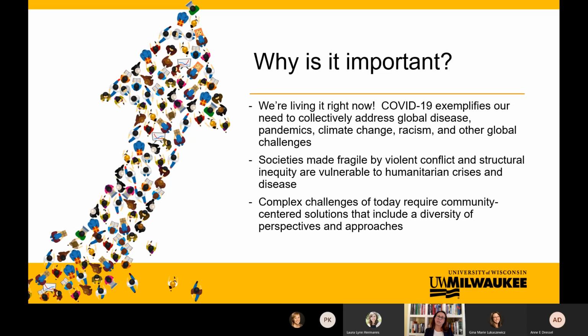Also, societies made fragile by violent conflict and structural inequity are vulnerable to humanitarian crisis and disease, so it's very important to address those. And finally, there are some complex challenges of today that require community-centered and global health solutions that include a diversity of perspectives and approaches.